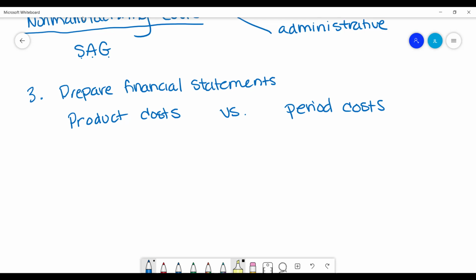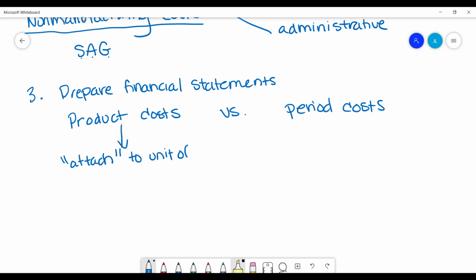Okay, so product costs are all those costs involved with making a product, right? Like we looked at, direct materials, direct labor, and manufacturing overhead. All of those are product costs. And to conceptually look at this, you want to think of product costs as attaching to a unit of product.